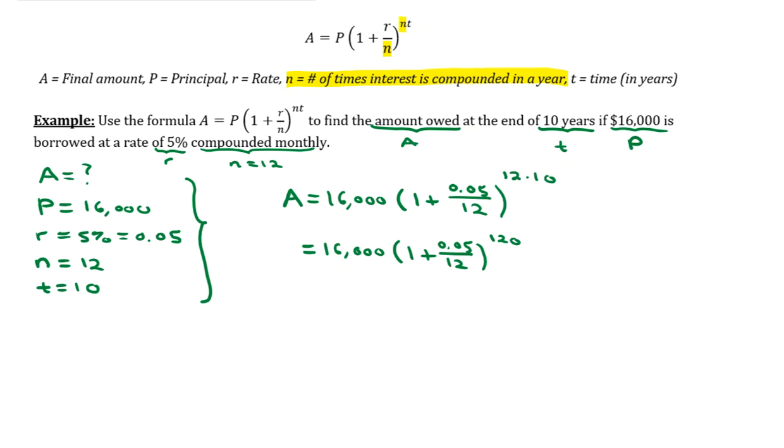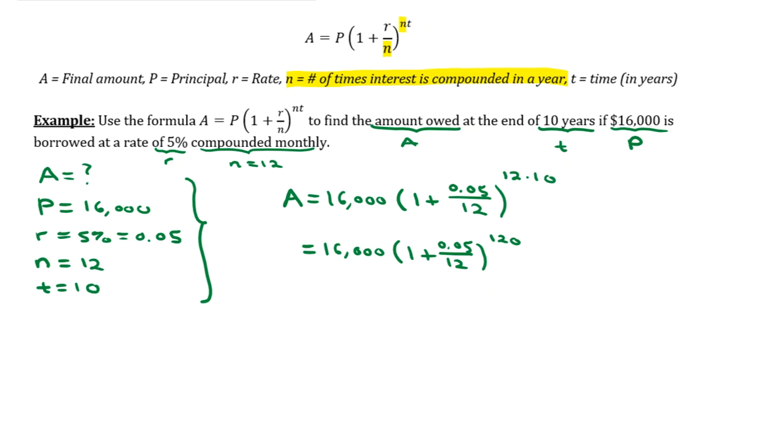So a couple of things before this gets punched in, which I'll have you guys do. I'll provide the answer, of course. Each time that the interest is being calculated, it's not using 5%, but rather it's using 5% divided by 12. So basically at the end of each month, the balance here is getting charged 0.05 divided by 12.